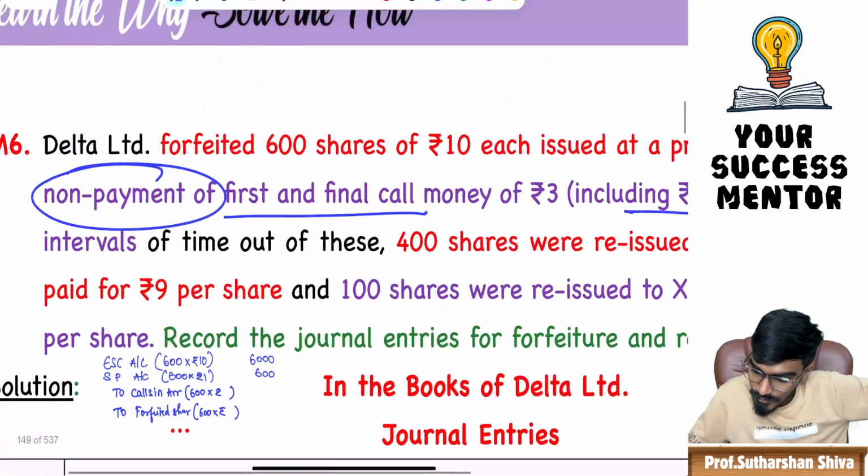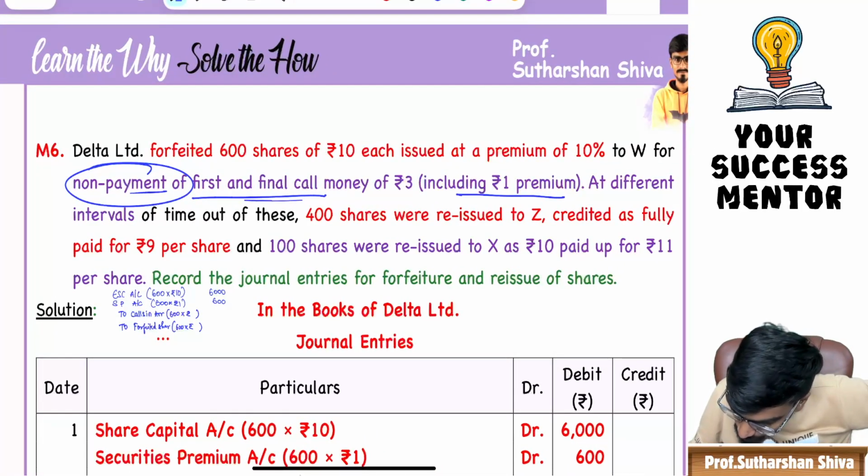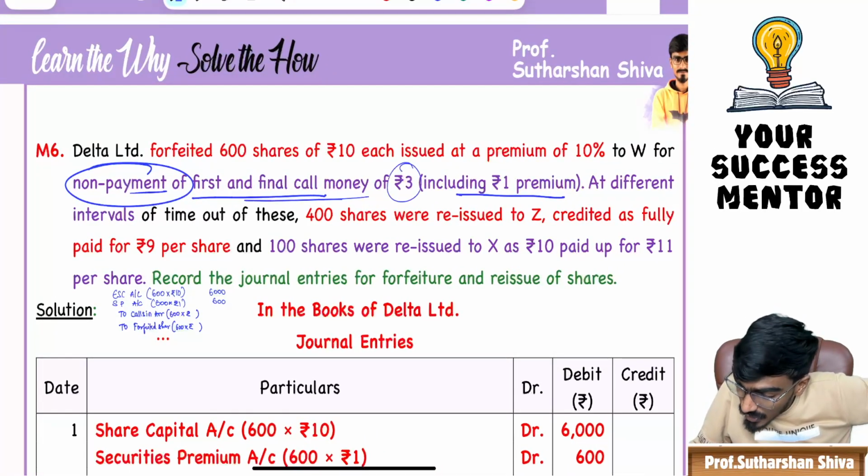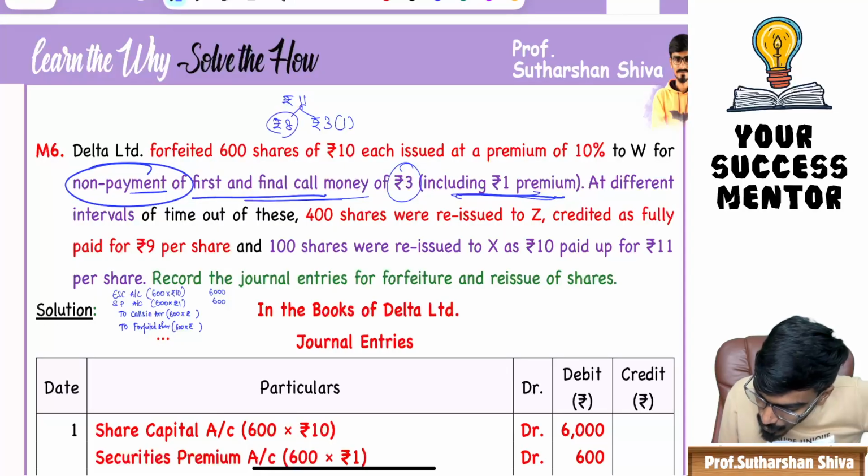When it comes to this part, they clearly say there is only non-payment of the first and final call of 3, which is inclusive of premium. So already 11 rupees is there, divided into two as per the question. It is 3, which is inclusive of 1 rupee, and the remaining 8 rupees has been paid.